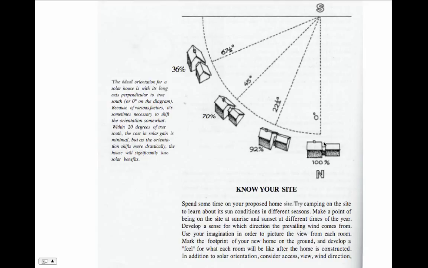If you go from directly facing south to 20 degrees off south, you still get 92% of the solar gain. Even at 45 degrees off, you get 70% of the solar gain. So, we want to face directly south when we can, but we can actually take fairly significant turns off south and still not lose very much energy.